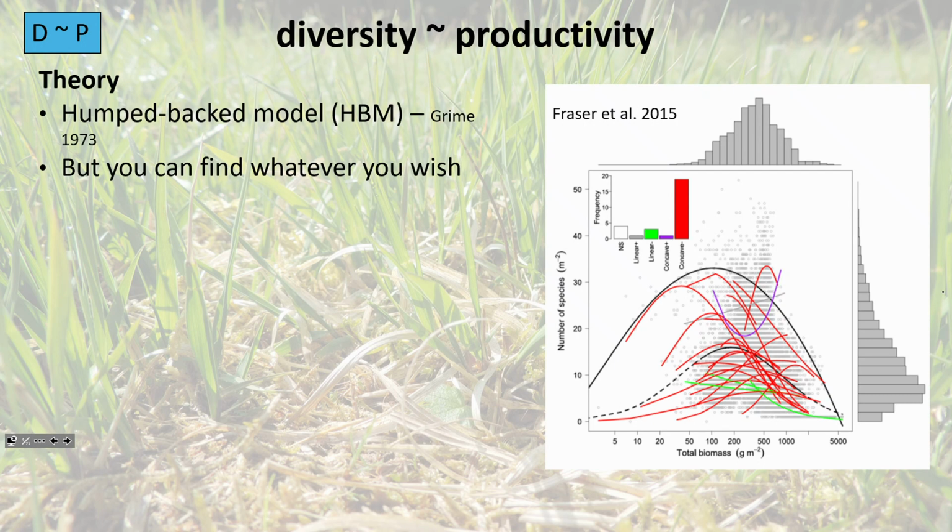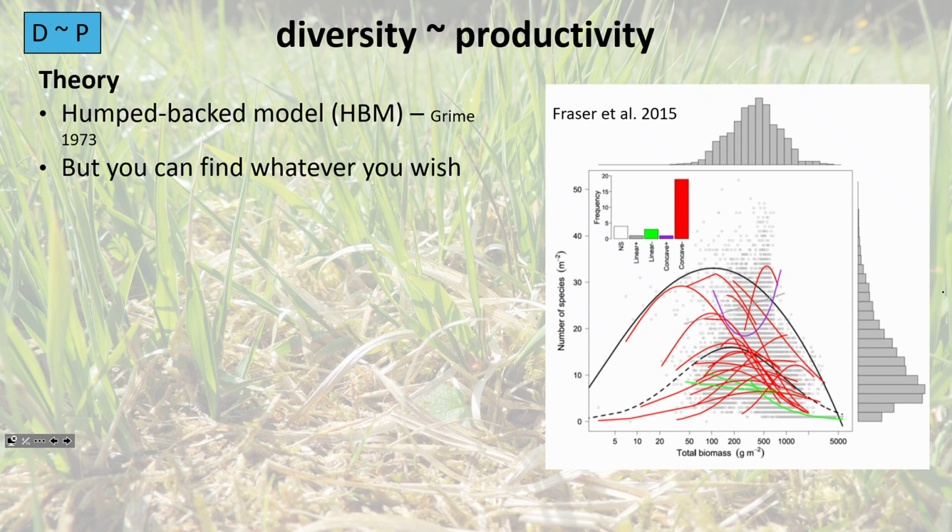The theory behind it is that if you are going from low productivity to medium productivity levels, the biodiversity on the y-axis is increasing simply because there are more resources, species can utilize more of these resources, so the communities can contain more species.